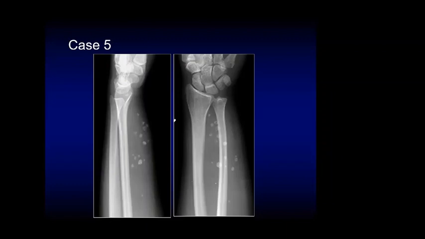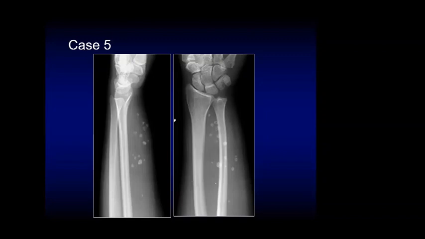So this is an AP and lateral view involving the lower forearm and the wrist joint, showing multiple calcified foci involving the soft tissue compartment, mainly the volar compartment of the forearm, distributed overall the volar compartment.